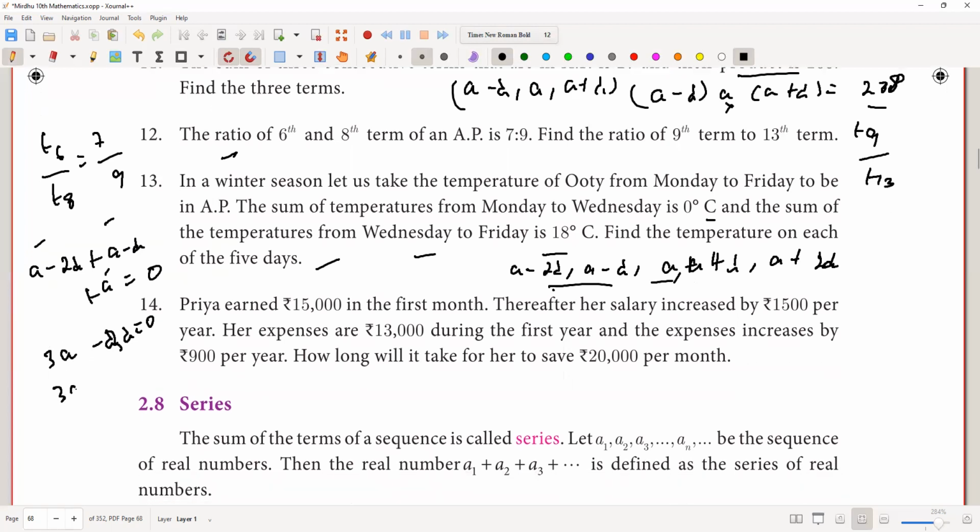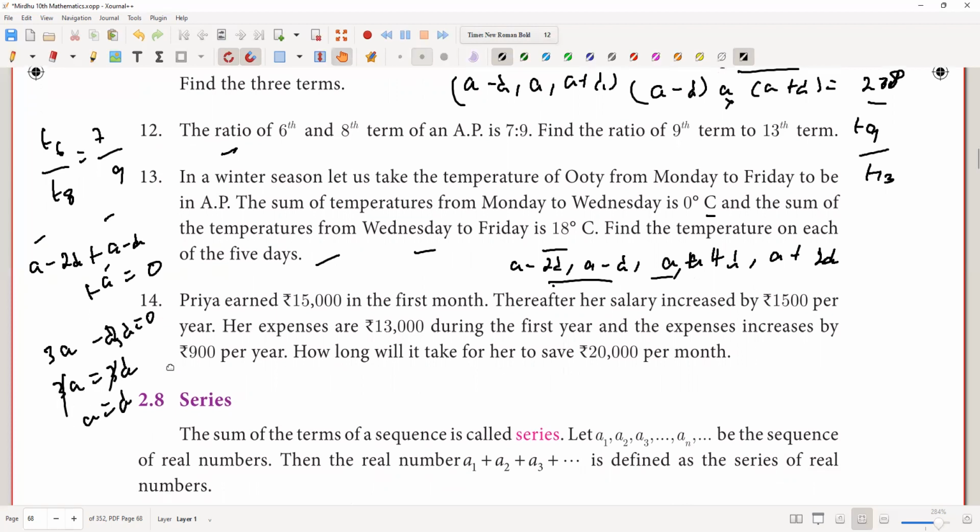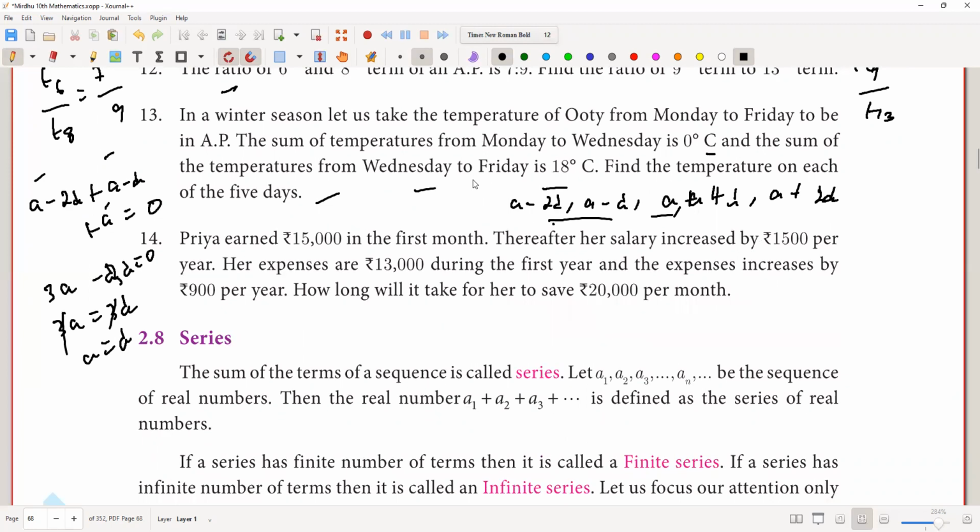So 3A equal to 3D, A equal to D. Okay. The next part is Wednesday to Friday is 18. Wednesday is the third day: A, A plus D, A plus 2D.